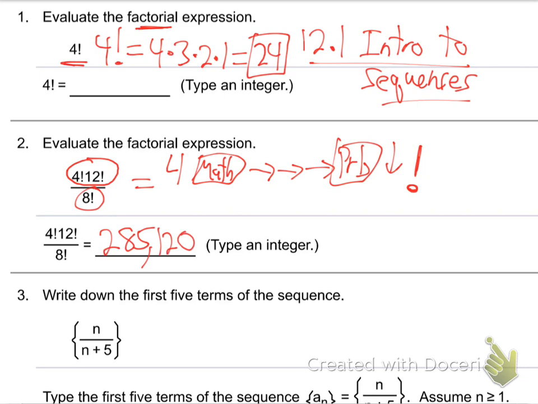285,120. Yeah, 12 exclamation point divided by 8 exclamation point. Probability menu, exclamation point. This is on the graphing calculator. I'm telling everybody on the graphing calculator; other ones are different. My scientific calculator won't do it.